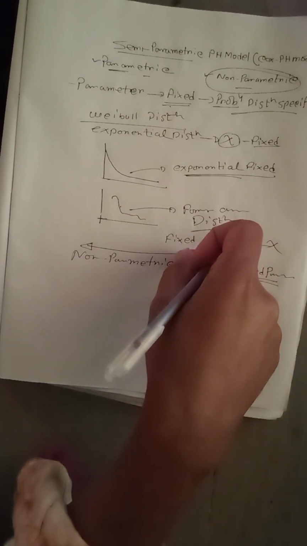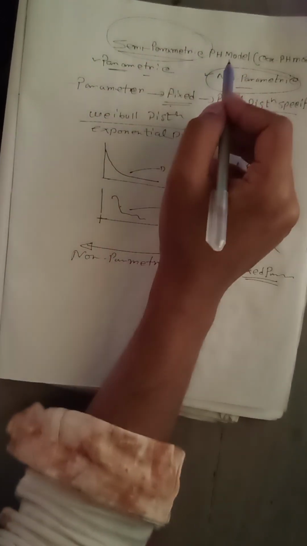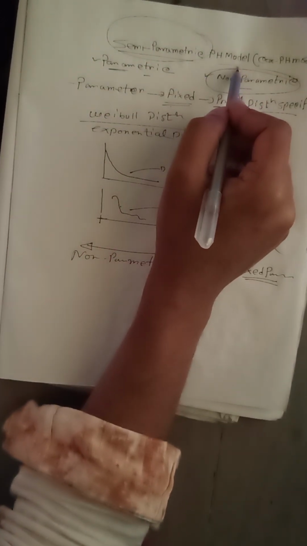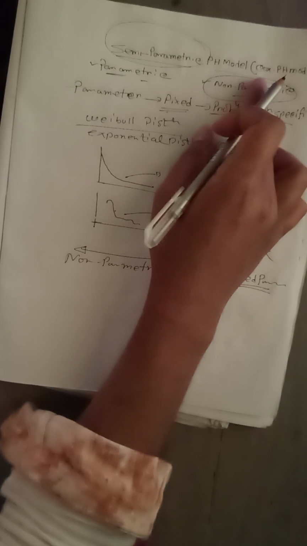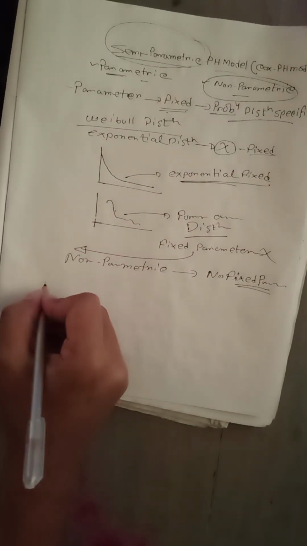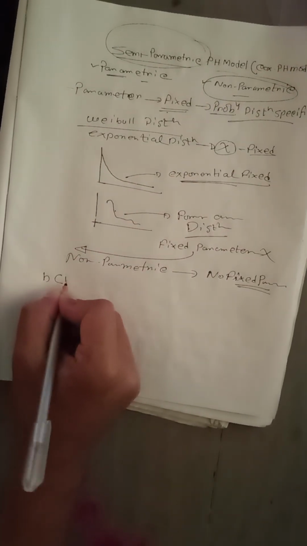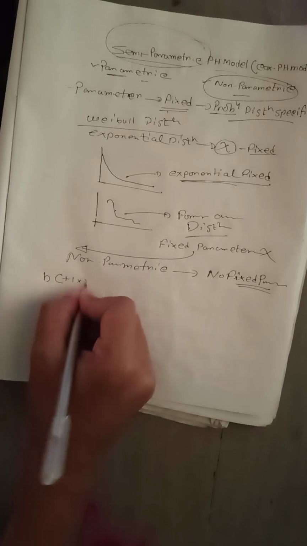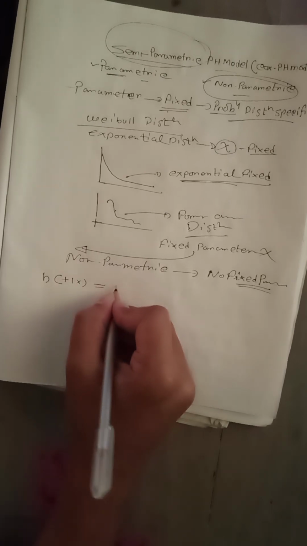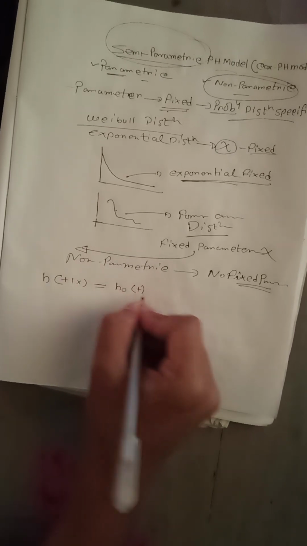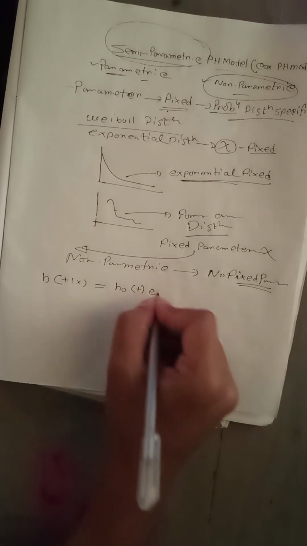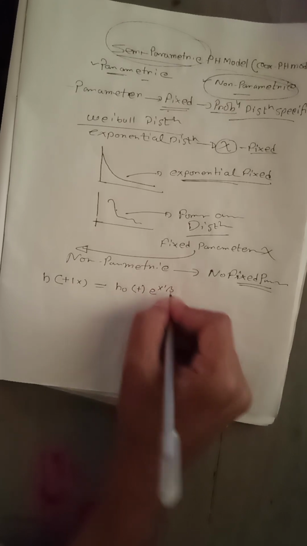Parametric and non-parametric together create the semi-parametric PH model. Here we will specifically discuss the Cox PH model. Suppose h of t given x is equal to h naught of t times e to the power x prime beta.